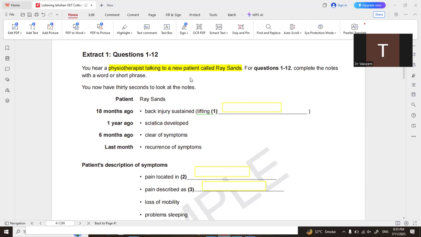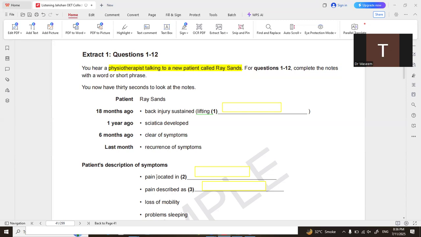He could be lifting a box, a chair, a table, a bed, a sofa, something which is heavy that can cause back injury. So this is your prediction. So while reading, you have to think that way, and you have to practice in a way that these sort of words will come into your mind.